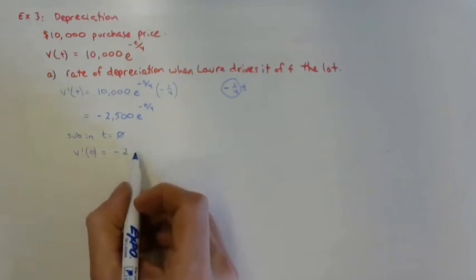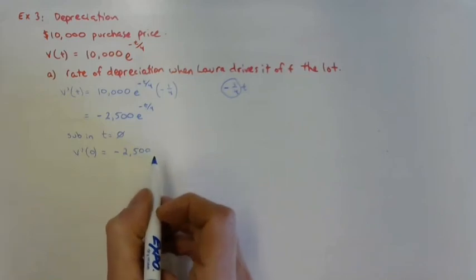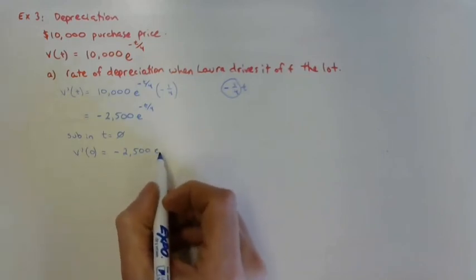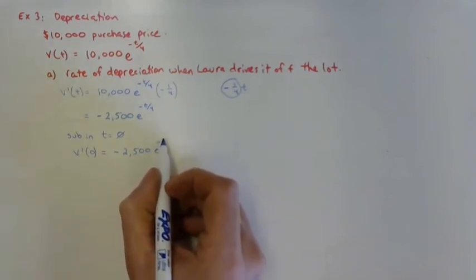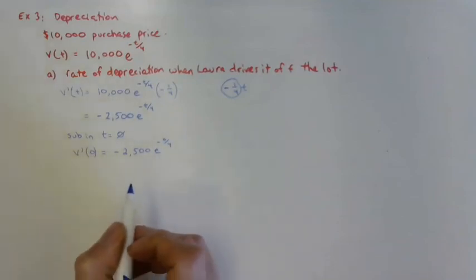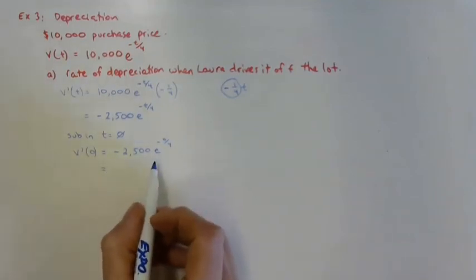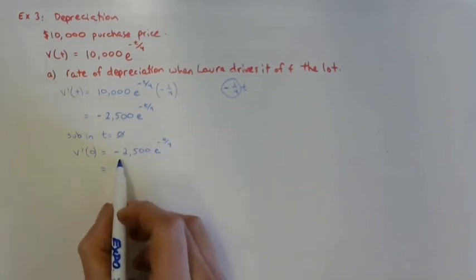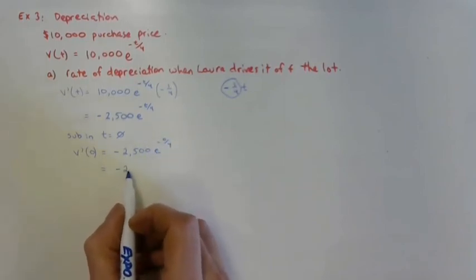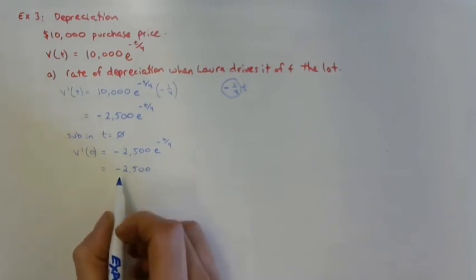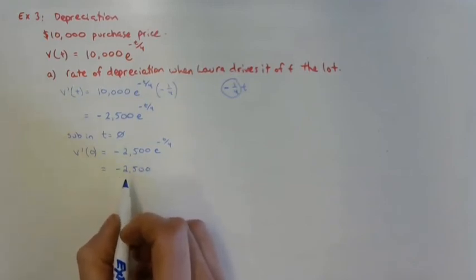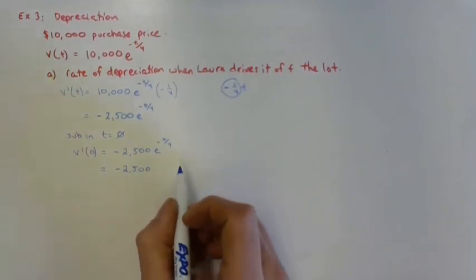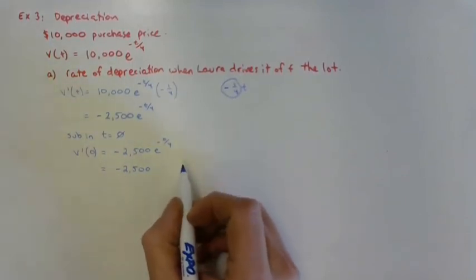So everywhere we see t in our new rate of change function, we're going to sub in 0. E to the power of 0 is 1. 1 times negative 2,500 is negative 2,500. So when Laura drives this motorcycle off the dealer's lot, it is depreciating at a rate of $2,500 per year.